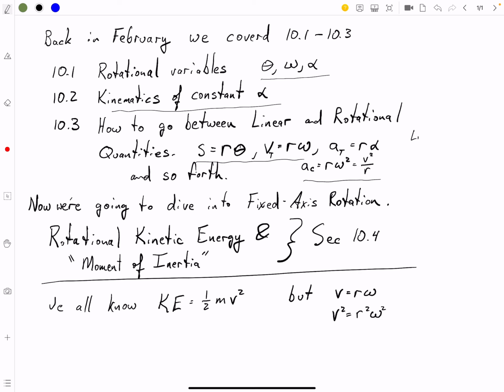So linear would be like our x, v, a, and then rotational is our theta, omega, and alpha. And how they correspond back and forth, right?